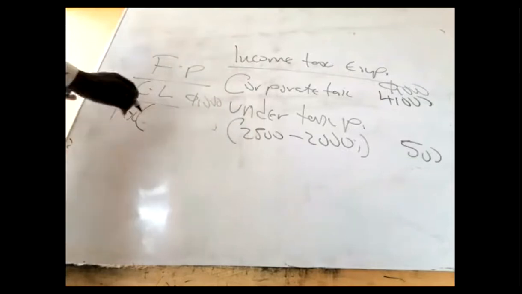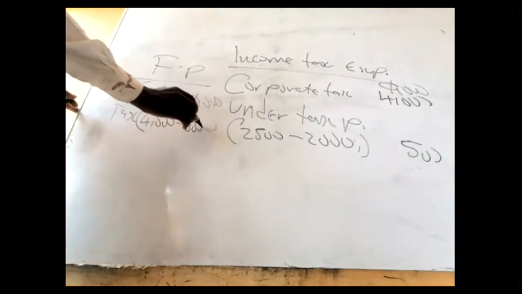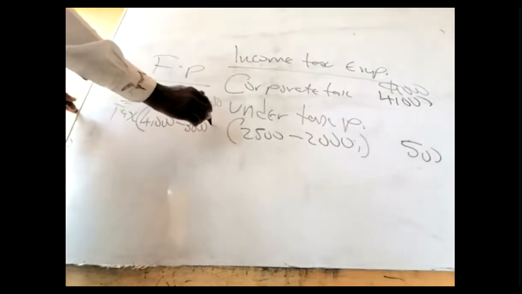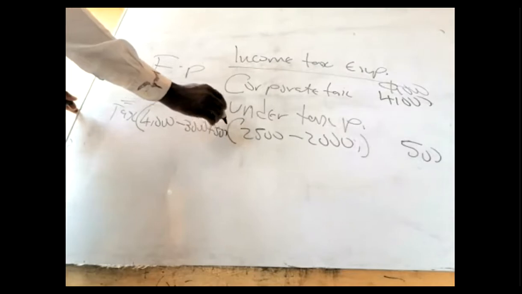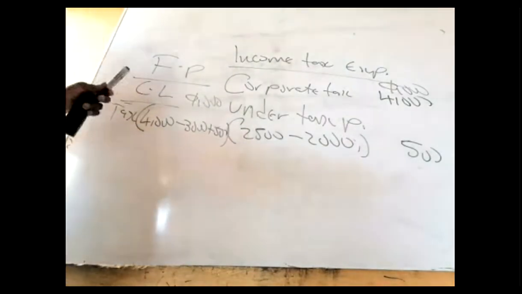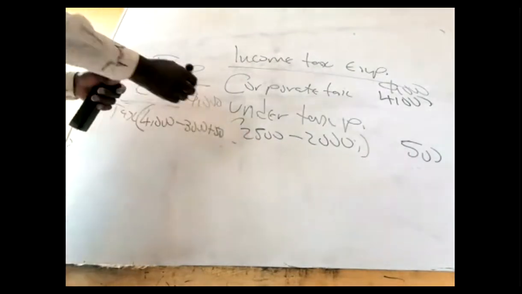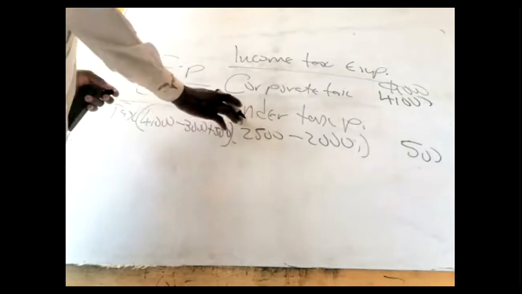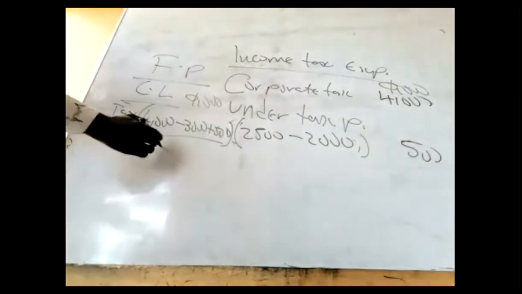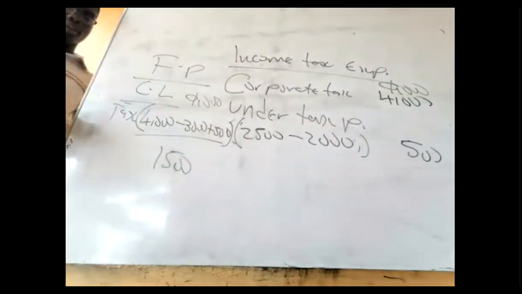Open a bracket. I'm owing 4,000. I've paid 3,000, right? But last year's owing, I've not paid that one. Plus what? The 500, and that's all. Then we add them, so 1,500. So this is what we take to the financial position. Yeah, done.